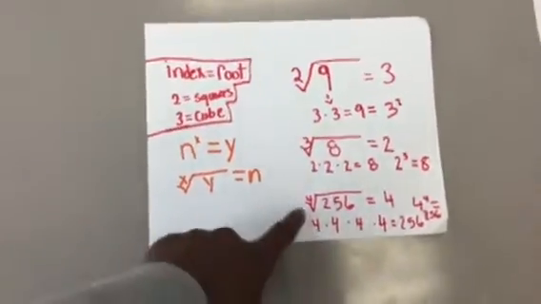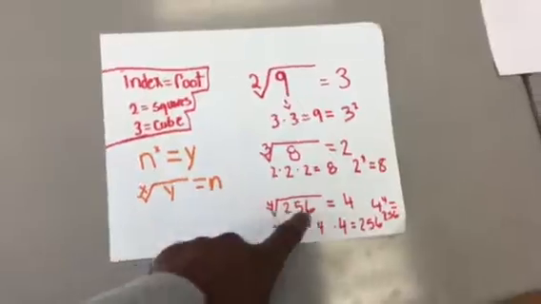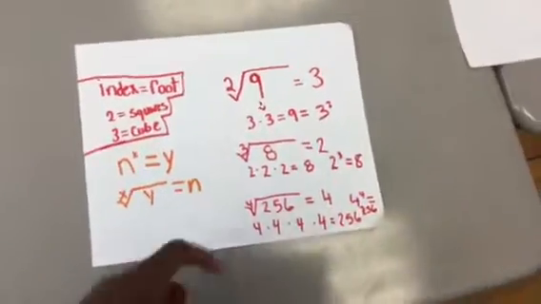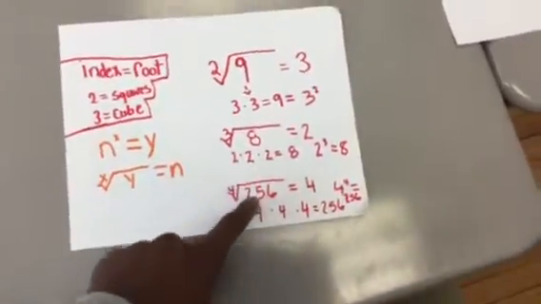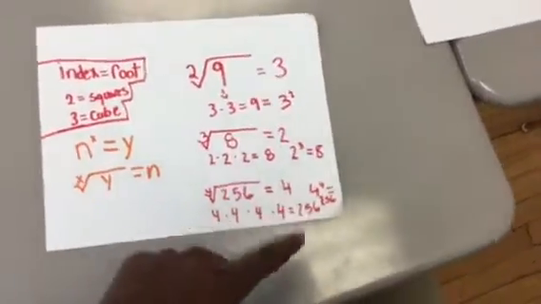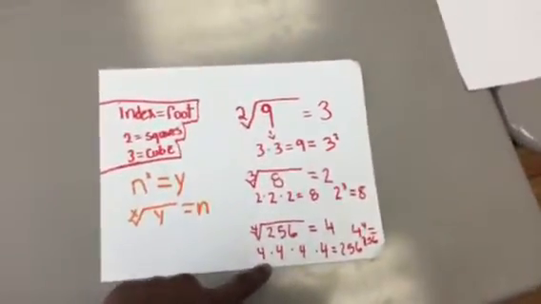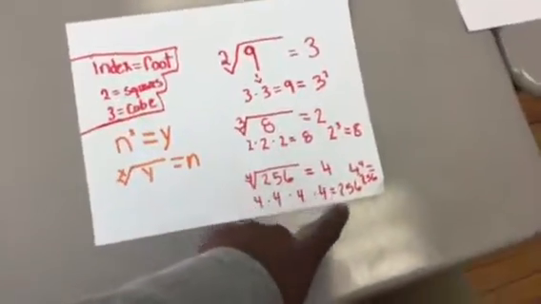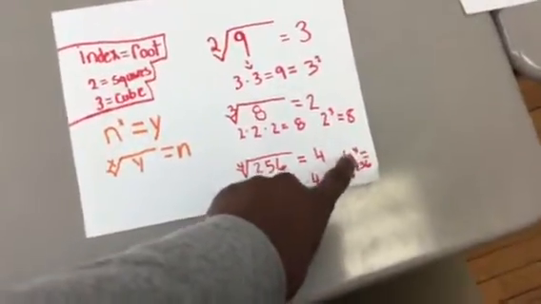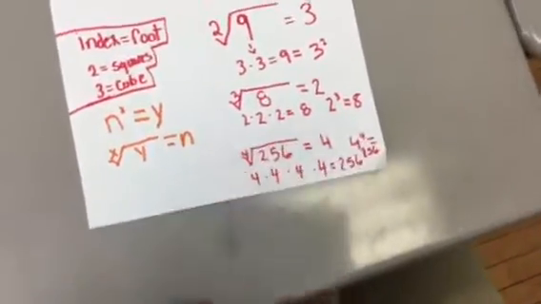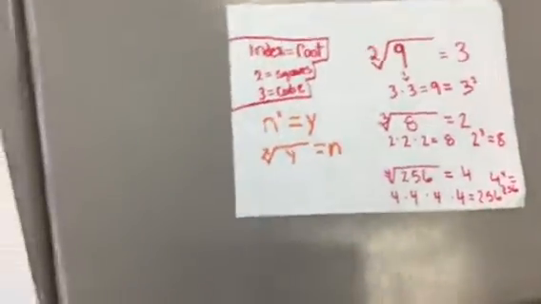Here we have the number 4, and here's 4 also. The fourth root of 256 is equal to 4, which means that 4 times itself 4 times is equal to 256, which would mean that 4 to the 4th power is 256, and this is all true.